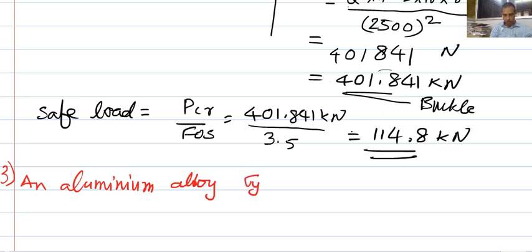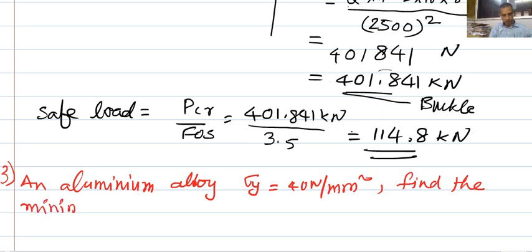That means Fy or stress Y equal to 40 Newton per millimeter square. That's all, very less. Aluminum. Find the minimum value of slenderness ratio.